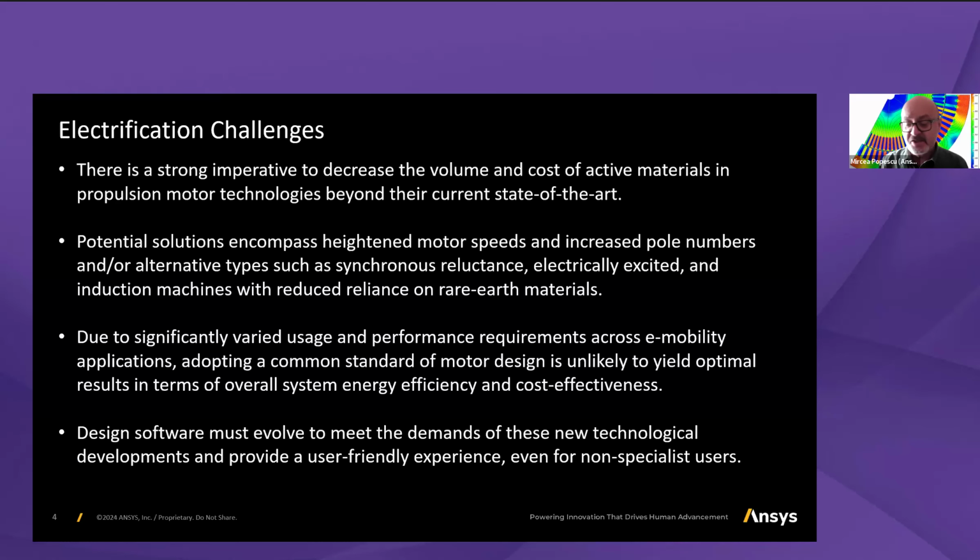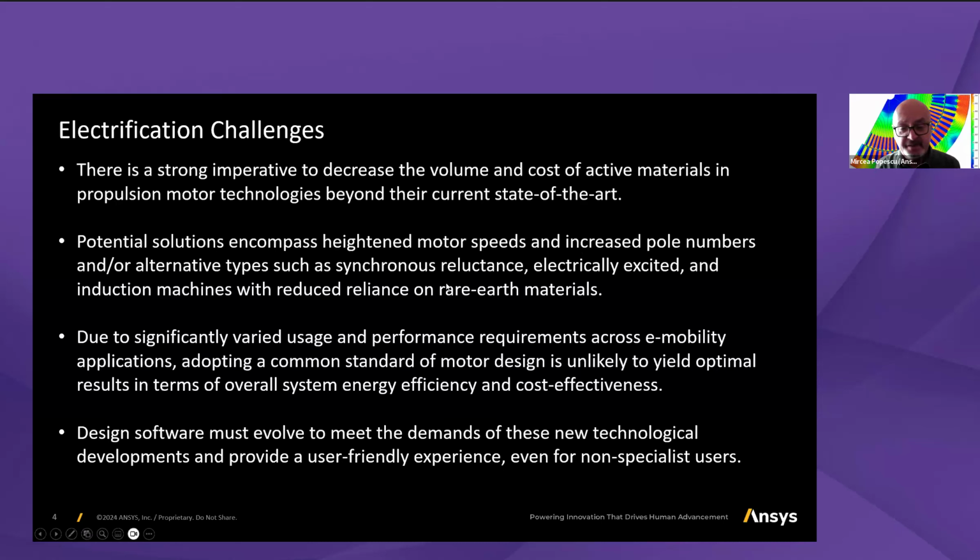From the electrification challenges point of view, a quick reminder: all of the climate changes push for greener technologies, having products with low emissions of carbon dioxide. And along with this, we are dealing with electrification, e-mobility, trying to replace the combustion engine with electrical machines.